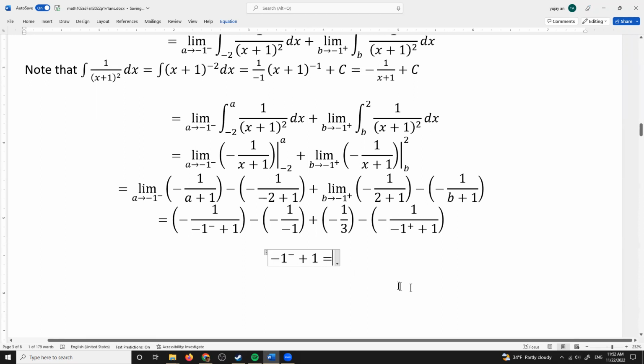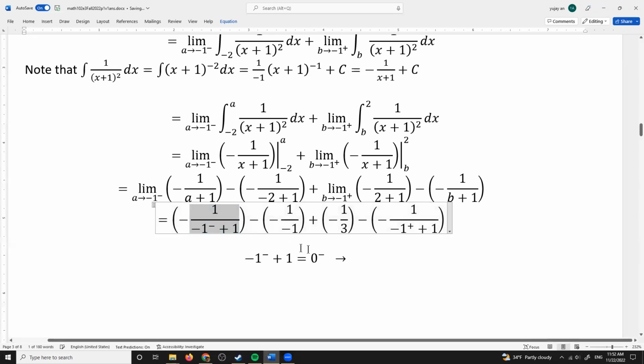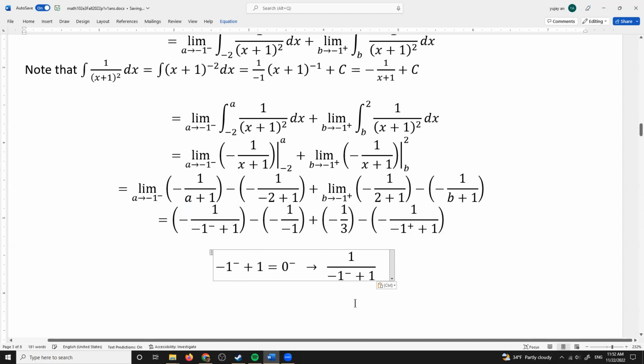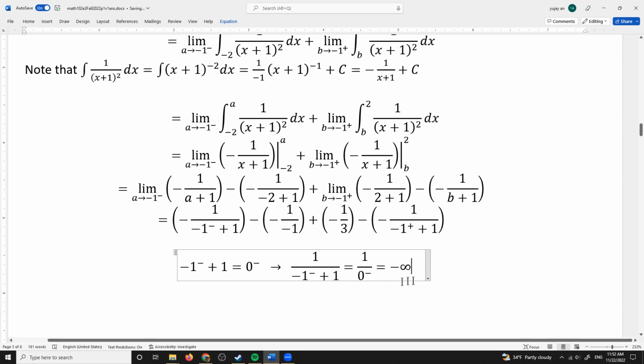So what you get is something slightly less than 0. And because of that, 1 over this becomes 1 over 0 minus, and if you divide 1 by a small negative value, that becomes a really big negative value. So that's what you get, and therefore this part right here would be -infinity.